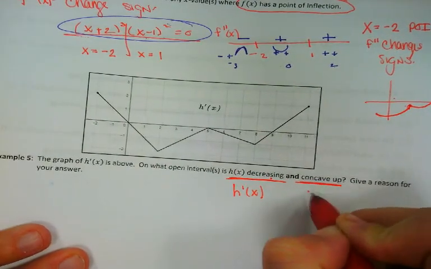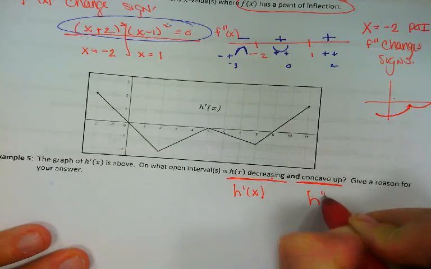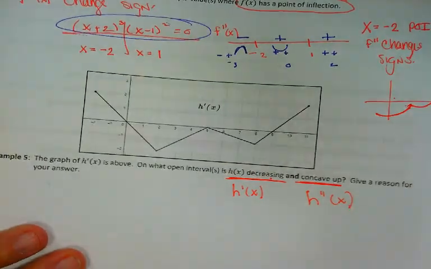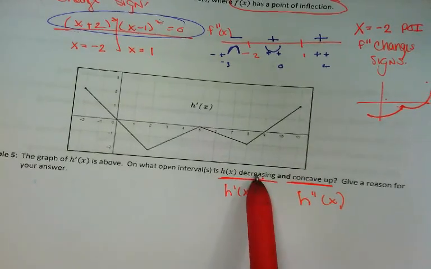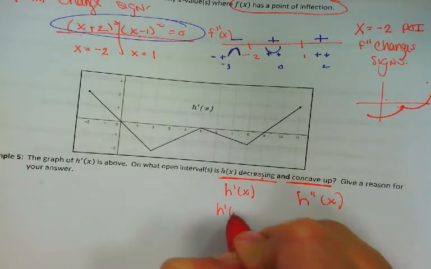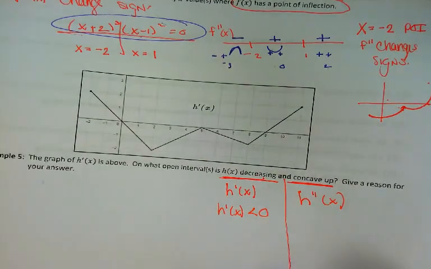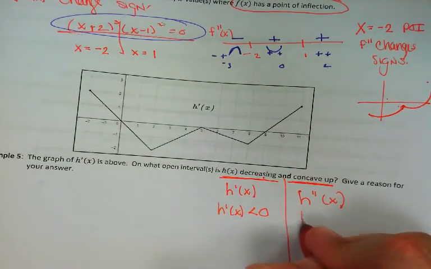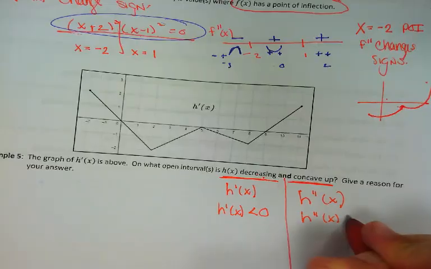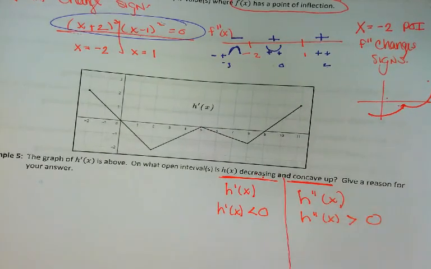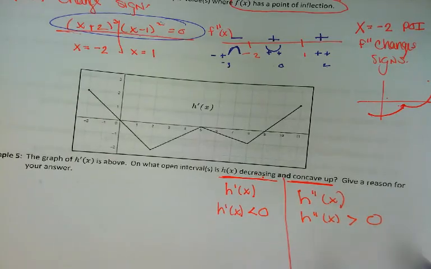I'm sorry, when we hear concave up? H double prime. So you got to be thinking two things. I need to be decreasing, so H prime has to be what to 0? Less than 0. And if I'm concave up, H double prime has to be greater than 0.